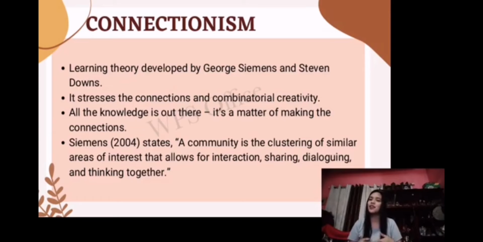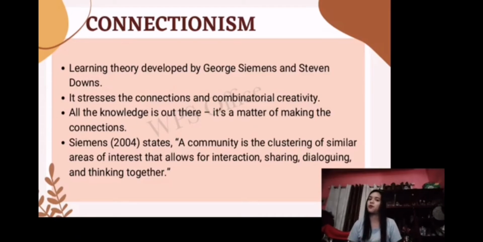So why is it a matter of making connections? Because for students to learn the content or topic that you are discussing, that content or topic should be close to their experiences. So you have to connect your topic with things they can experience.